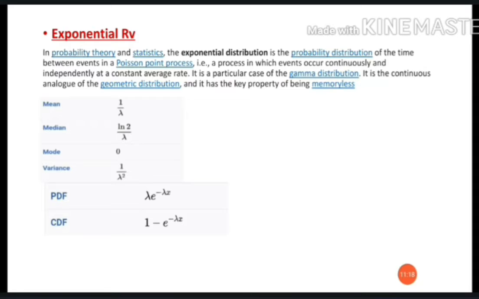The mean for the exponential random variable will be 1 by lambda. The variance will be 1 by lambda square, where lambda is the parameter. The PDF is lambda into e raised to minus lambda into x. The CDF will be 1 minus e raised to minus lambda x. That is clear for the exponential random variable. And let's look at the next portion.